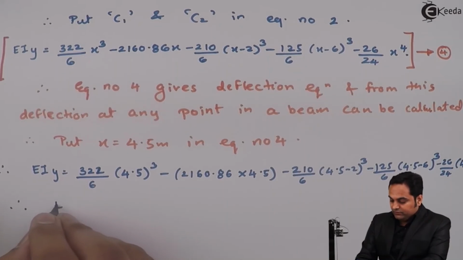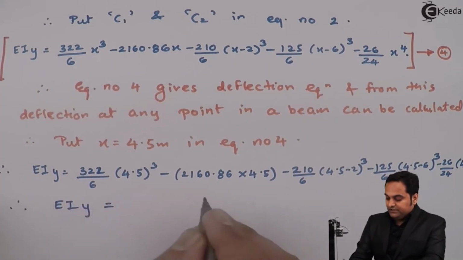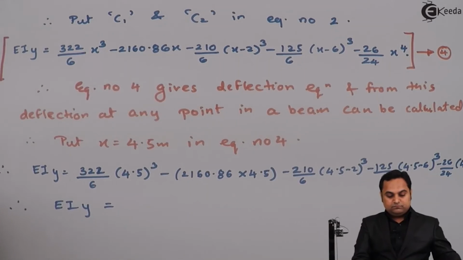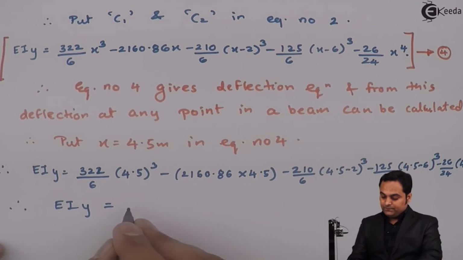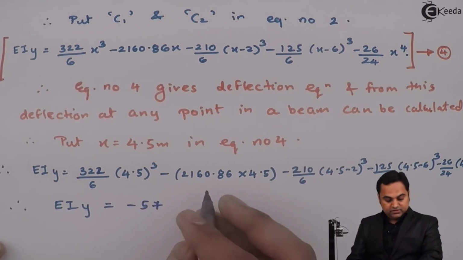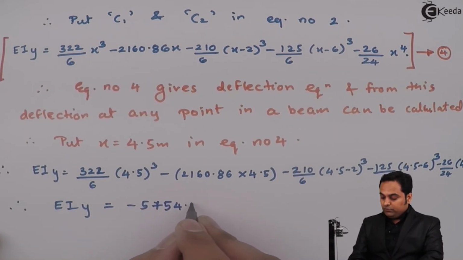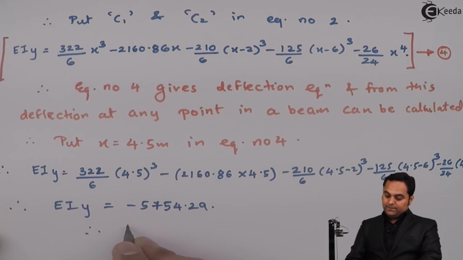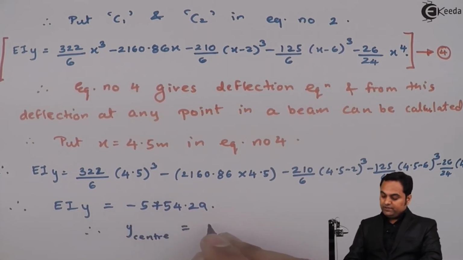So on calculating this, I am getting my answer as minus 5754.29. Since we want the deflection y, it is at the center, that is equal to minus 5754.29.